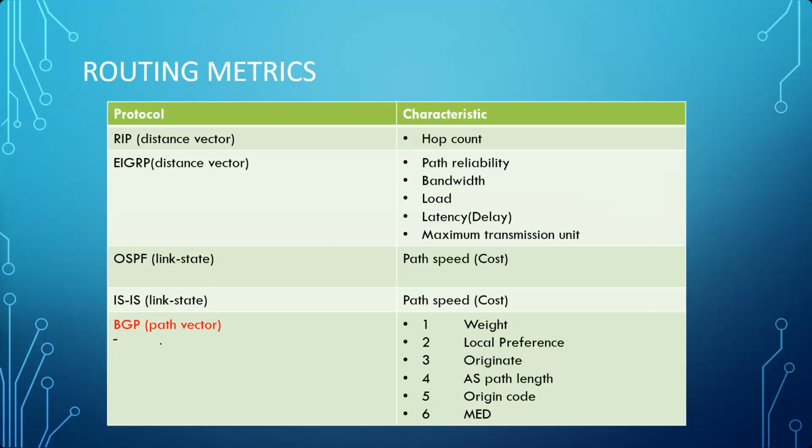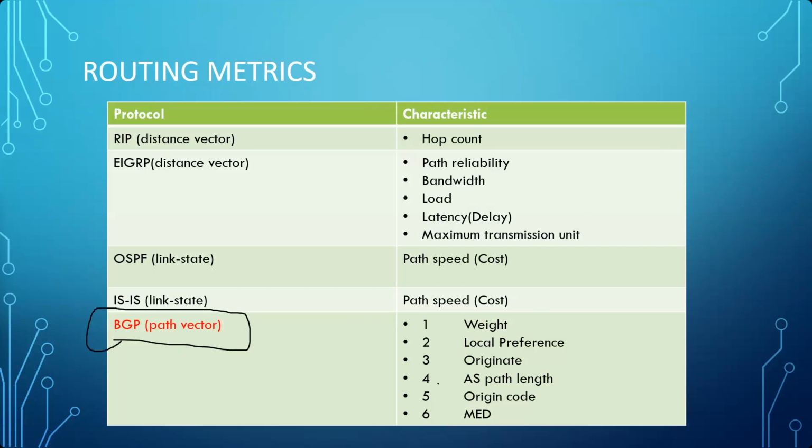last but not least is the one and only, you know it, Exterior Gateway Protocol. That's BGP, Border Gateway Protocol. It's the only one for exterior autonomous system to autonomous system. And it has a massive list. It actually has 10 metrics it could use.